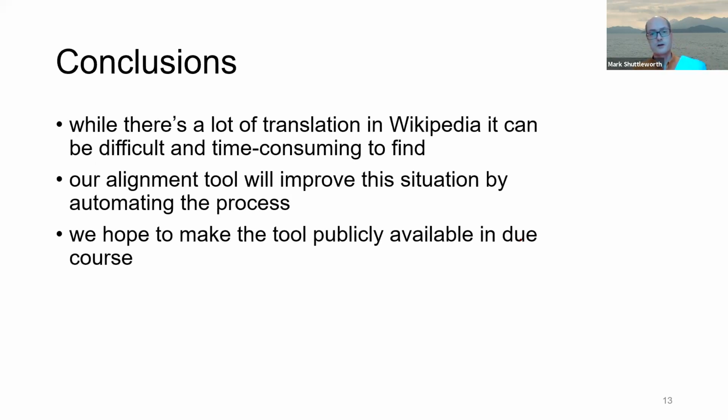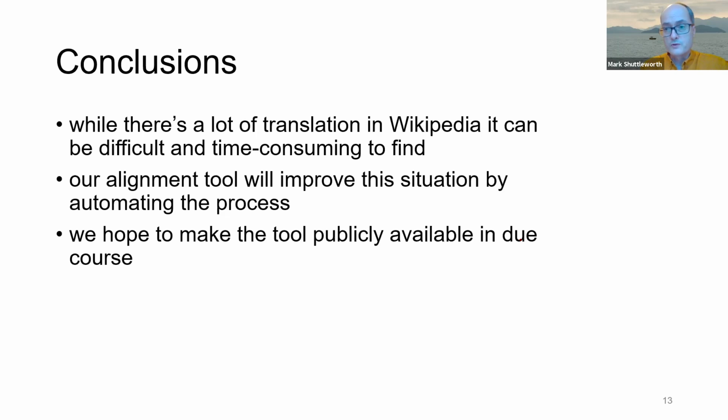So a couple of conclusions. Well, as I hope I made clear, particularly towards the beginning, there is a lot of translation in Wikipedia, although it's not always clear how much there is and indeed where it is, and it can be very difficult and time-consuming to locate.